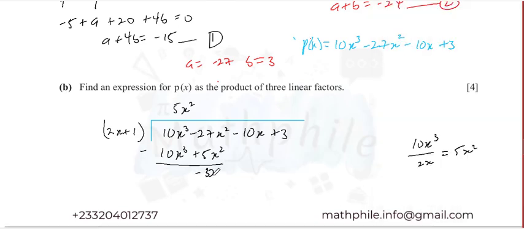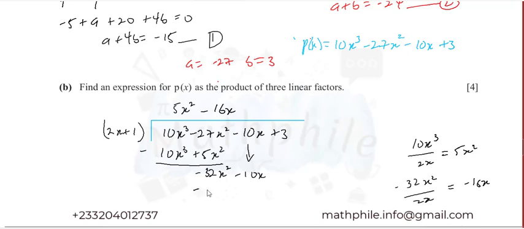So there's negative 32x squared. Then I drop the negative 10x and I repeat the process again. So negative 32x squared divided by 2x. 32 divided by 2 is 16, so there's negative 16x. So negative 16x on top.